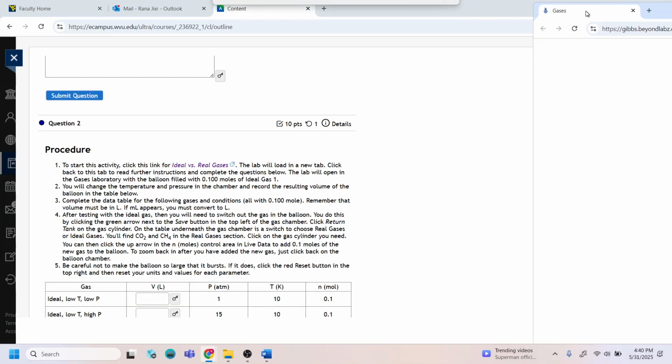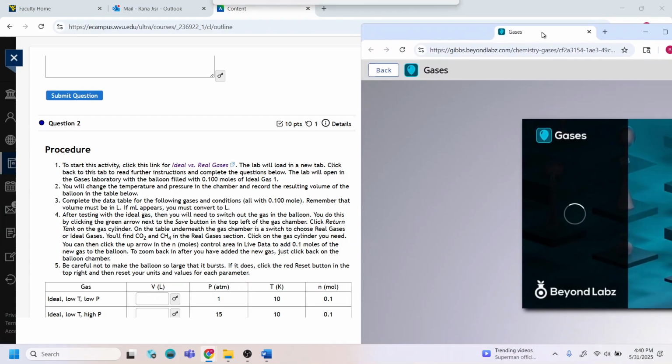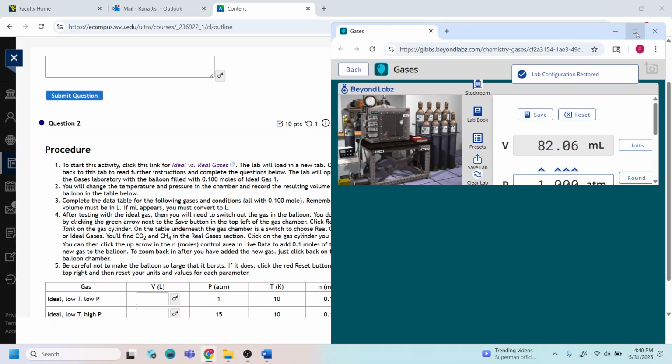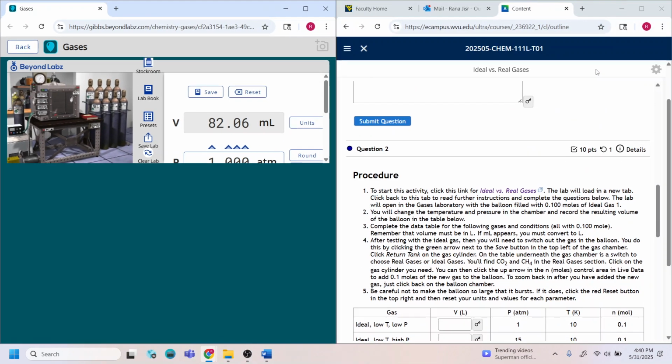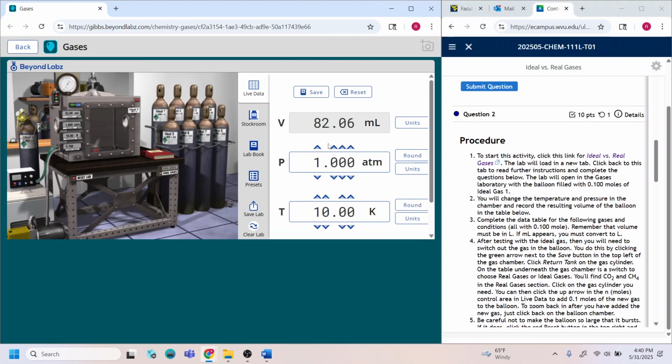Okay, I should have opened this in a new window, but I can take it out, make it a new window, and let's put those two together. Make sure always that the experiment page, your lab setup, is bigger than your procedure, because you would need all of this space in there. Okay, and then start reading the procedure and following that.